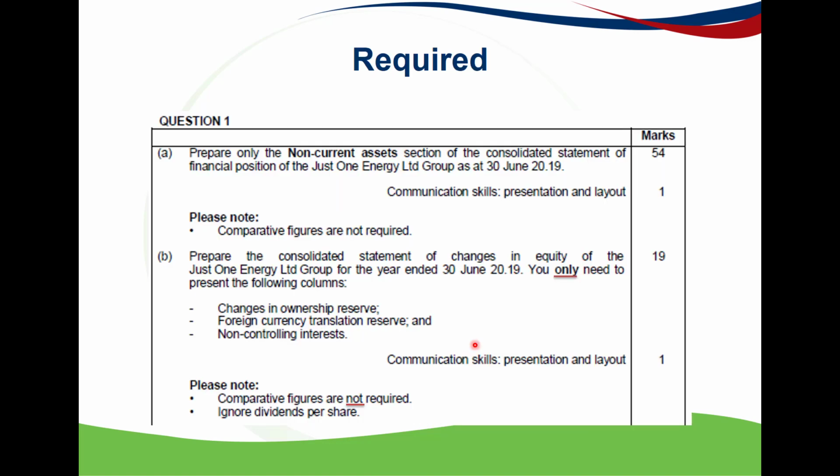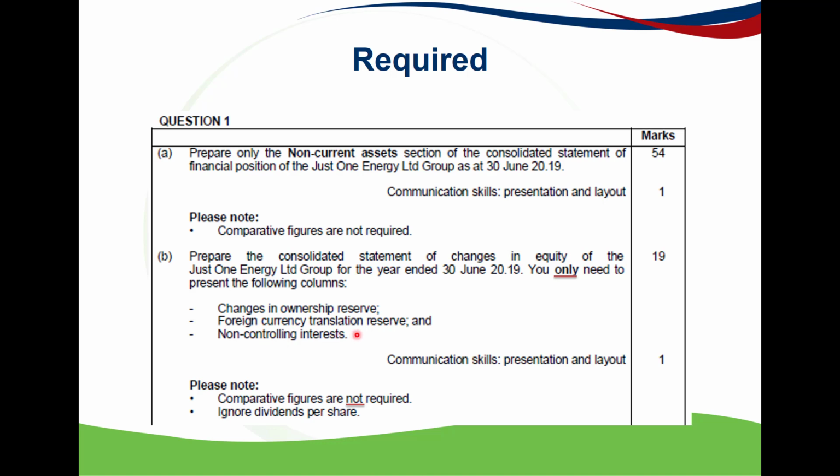If we then continue to part B of question 1: prepare the consolidated statement of changes in equity for the group for the year ended 30 June 2019. And very important, always when it's a statement of changes in equity, read very carefully what columns are required. You only need to present the following columns: changes in ownership reserve, foreign currency translation reserve, and non-controlling interests.